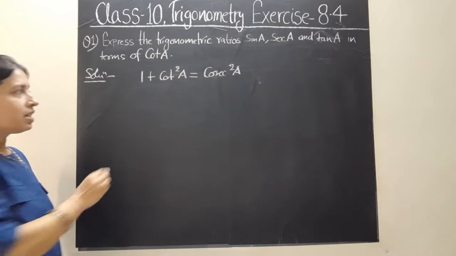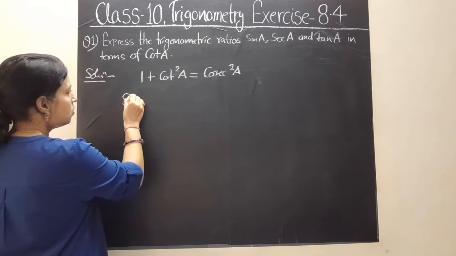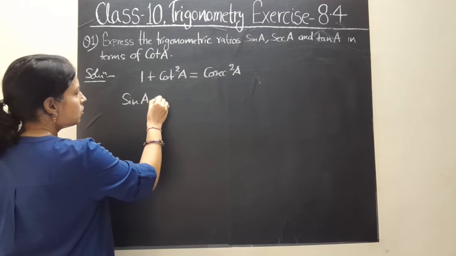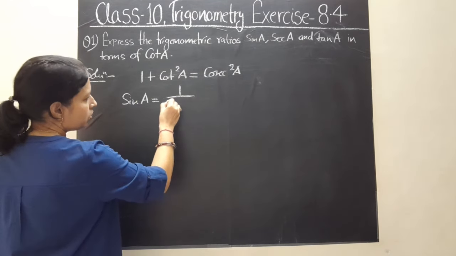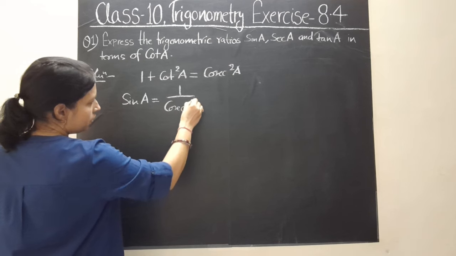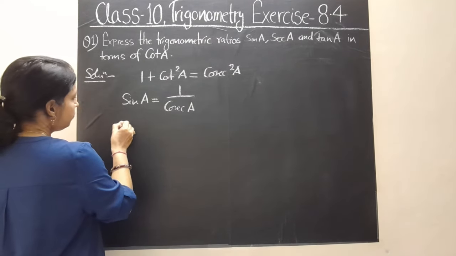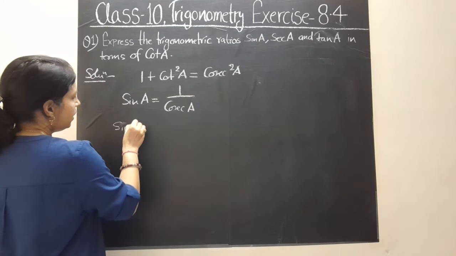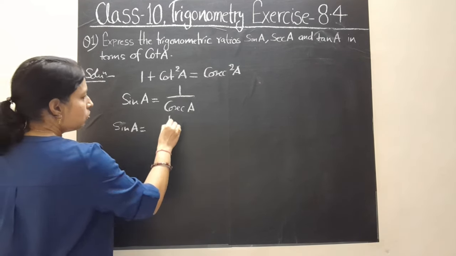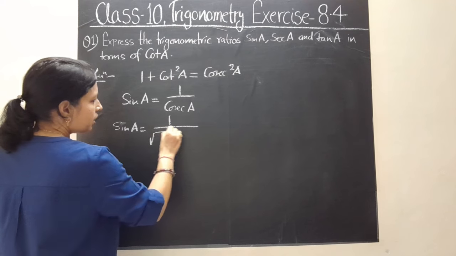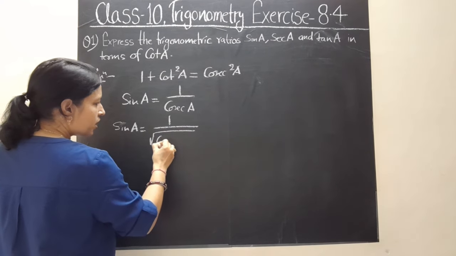And we know that sin A is equal to 1 by cosec A. So we can write sin A is equal to 1 by cosec square A, under a square root.